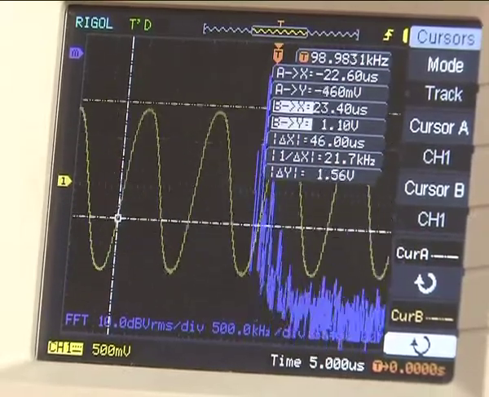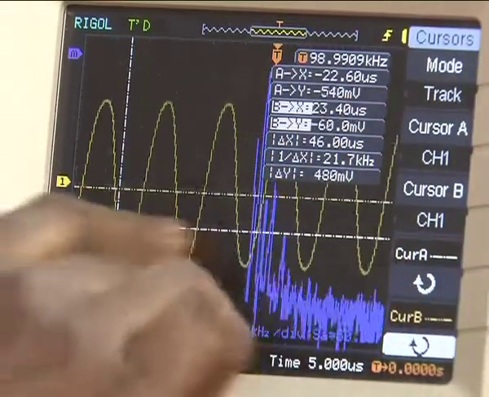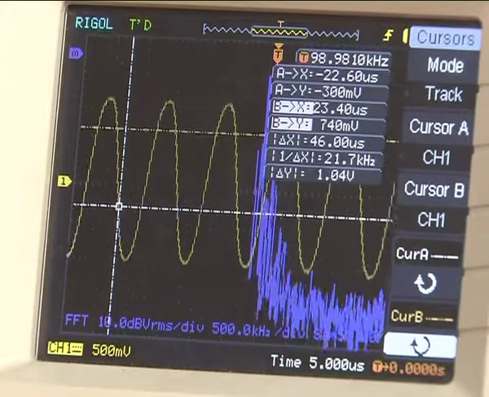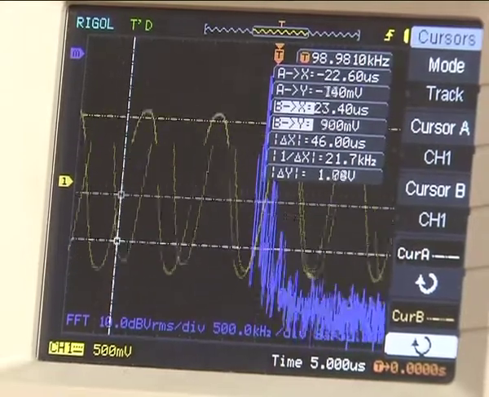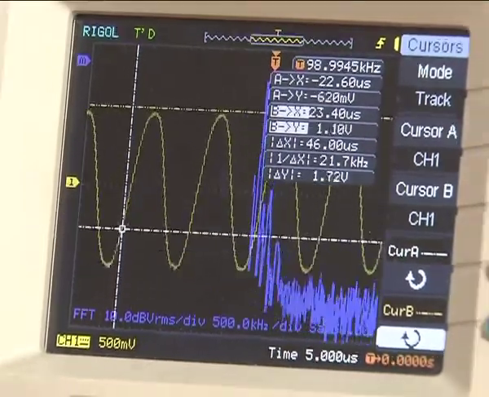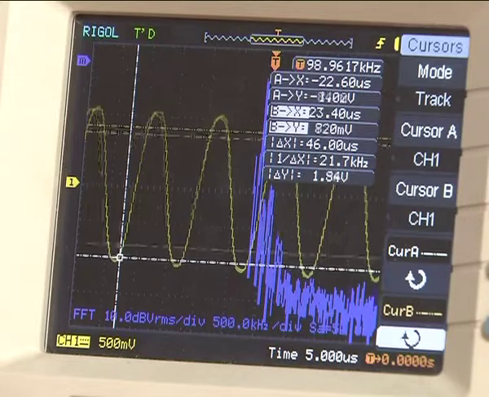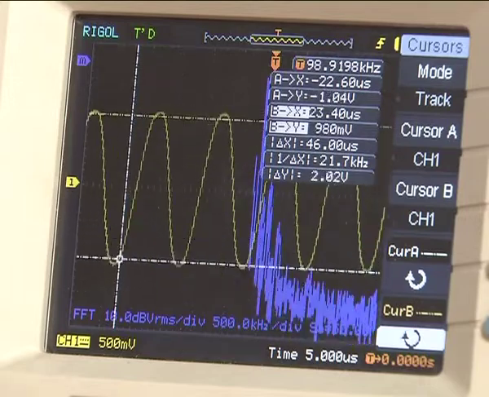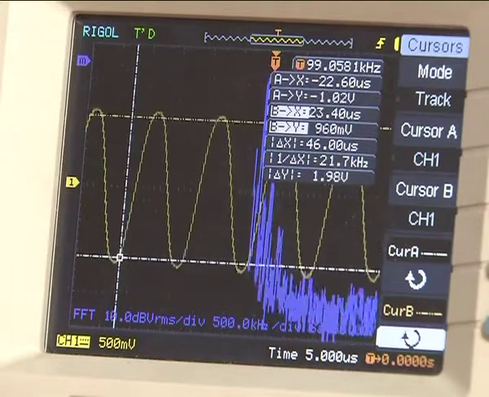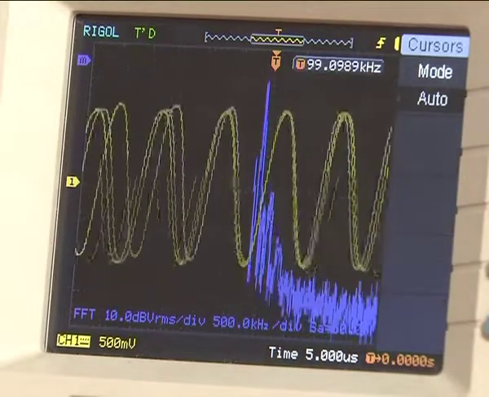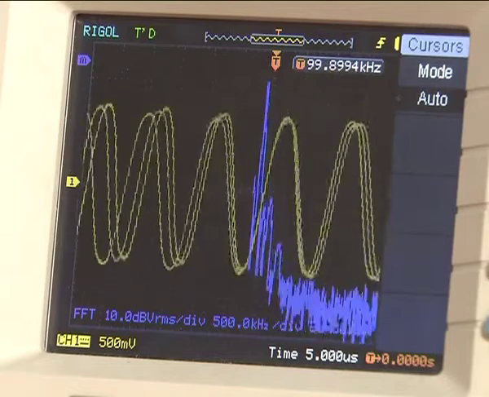So, depending upon the amplitude that we have given as the message signal, the frequency of the signal changes. If I increase the amplitude of my message, the frequency deviation increases. So, this is your frequency modulated signal.